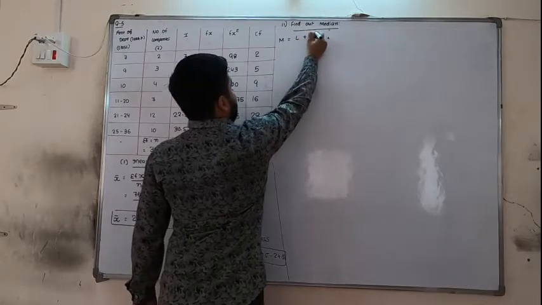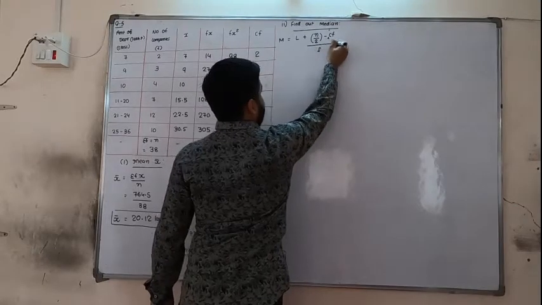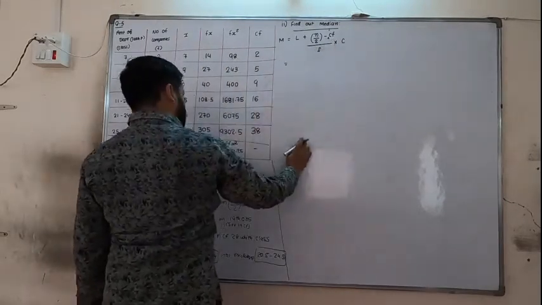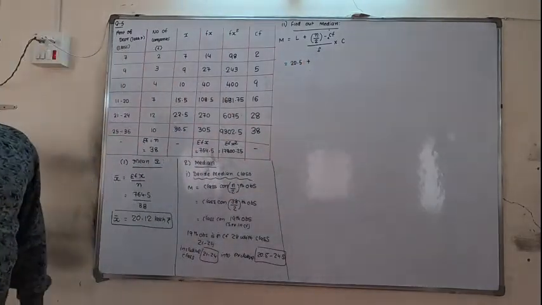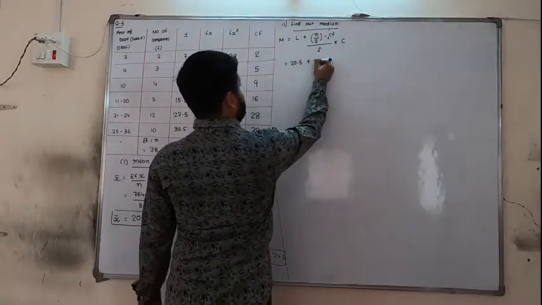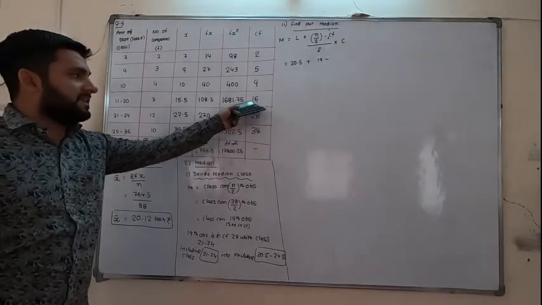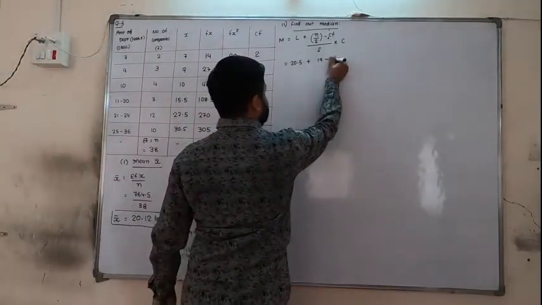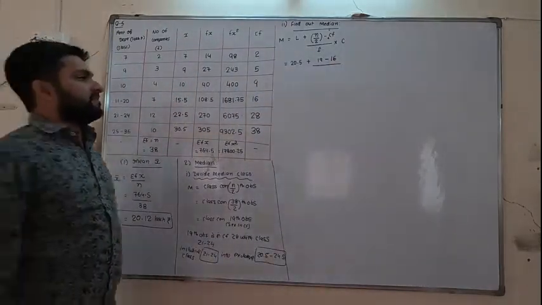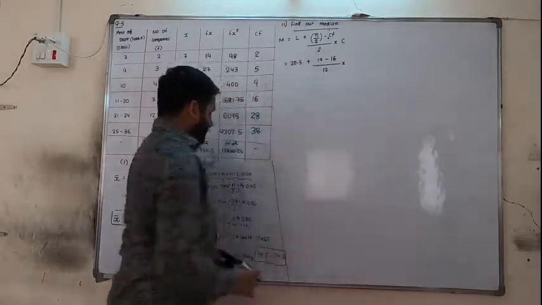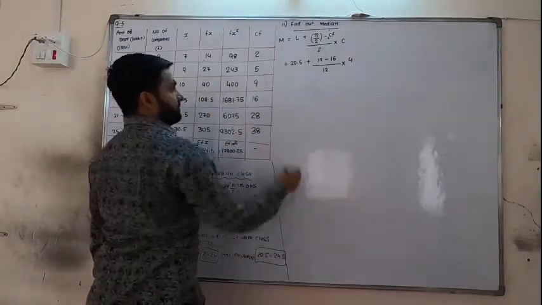M is equal to L plus (N by 2 minus CF) upon F into C. Lower limit L is 20.5, plus N by 2 is 19. The cumulative frequency of the previous class is 16, divided by the frequency of the decided class, which is 12, and the class length is 24.5 minus 20.5, which is 4.